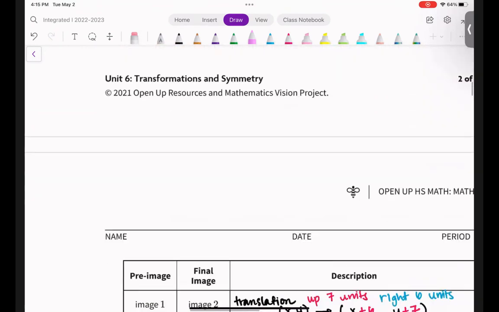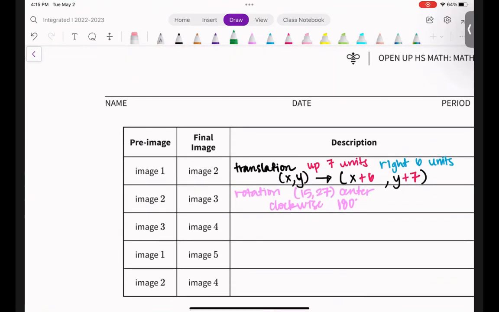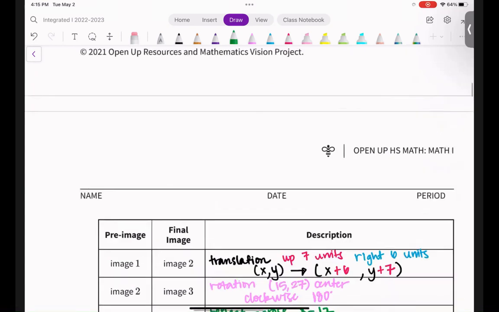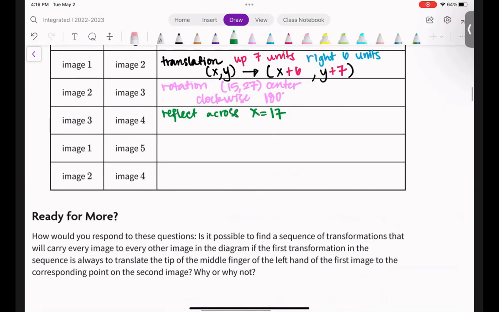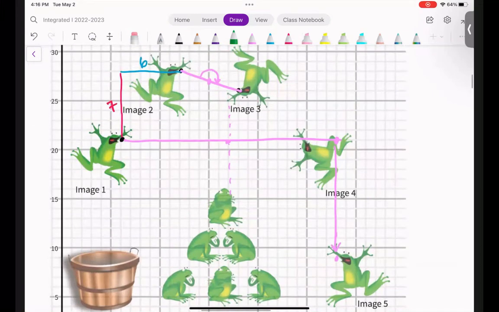So I'm going to reflect across x equals 17. And then boom, he lands there. And then he has to go down 5, 10, 11, 12. And then we're going to translate down, what did I say? 1 to 11, 12.